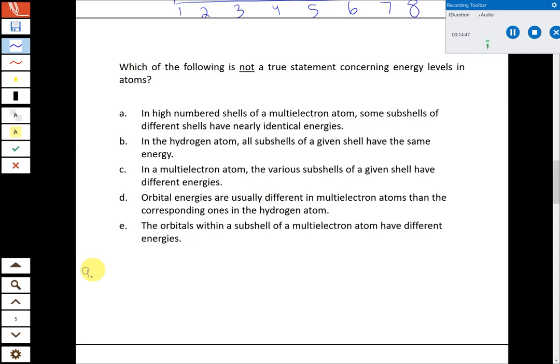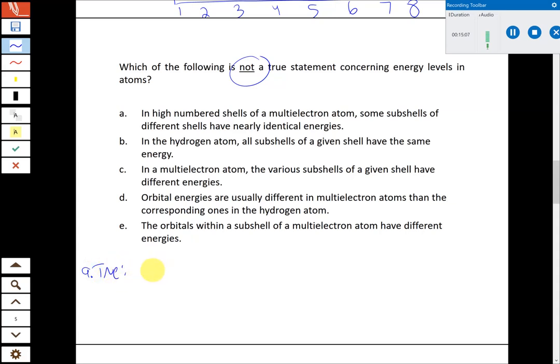As you go to higher numbered shells, are there going to be some subshells that have nearly identical energies? That is certainly going to be true. We're looking for the statement here that is not true, by the way. So choice A is going to be true.